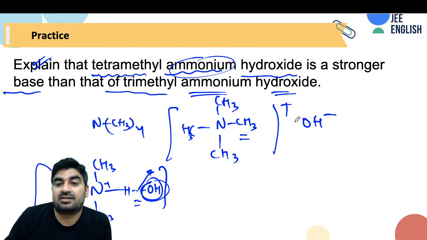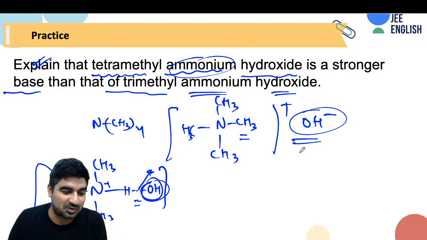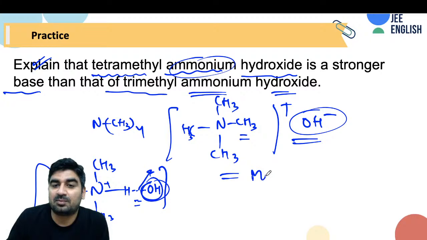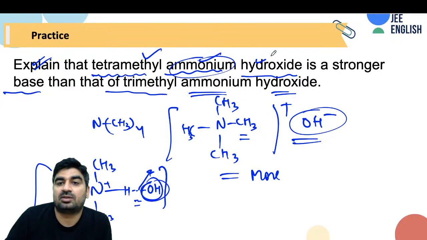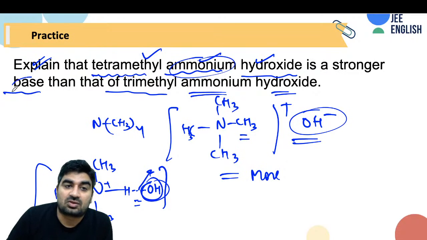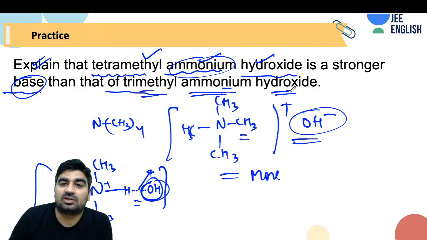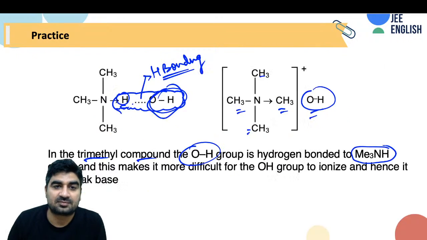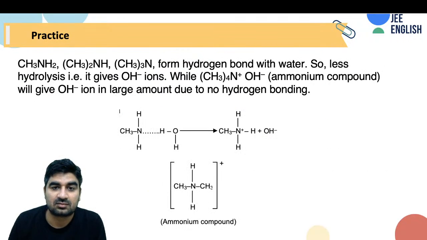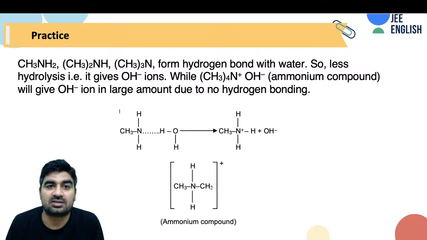But in this case, guys, we have separate OH minus, and it is easier to remove this one. So this will be more basic. So tetramethylammonium hydroxide is a stronger base than the trimethylammonium hydroxide. Got it? Now I hope you got your answer.